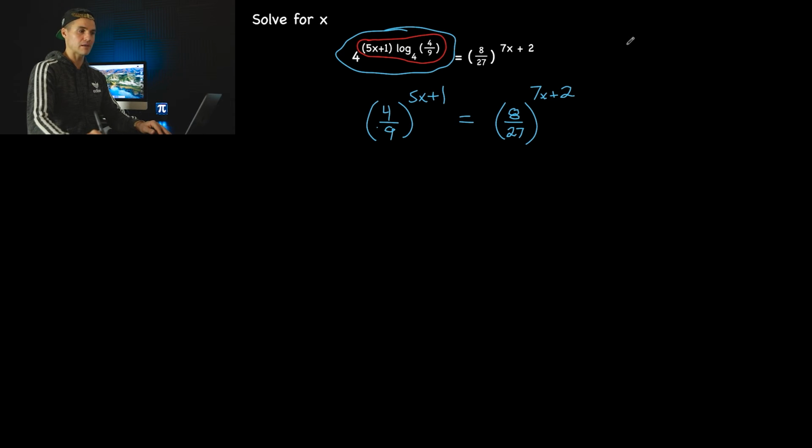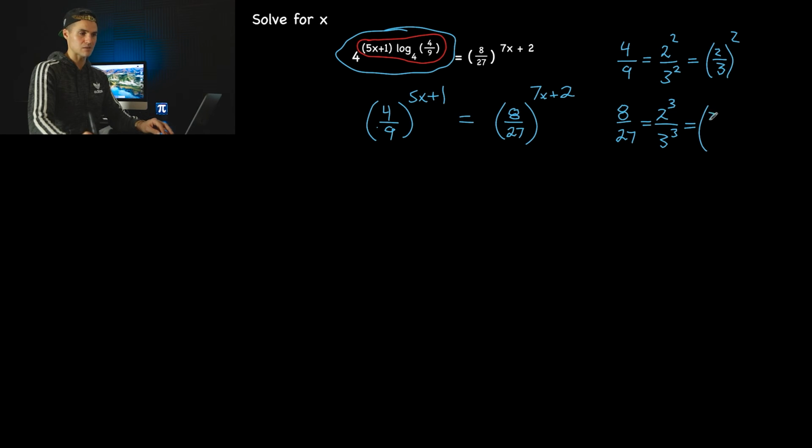The 4 over 9, we can rewrite that as 2 to the power of 2 over 3 to the power of 2, and so that's going to equal 2 over 3 to the power of 2, right? And then notice that 8 over 27, we can rewrite as 2 to the power of 3 over 3 to the power of 3.